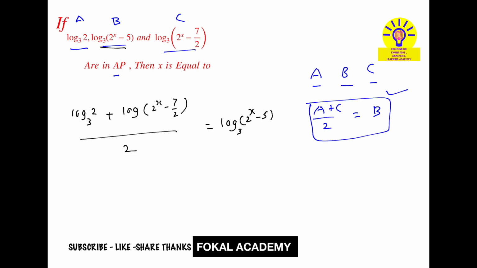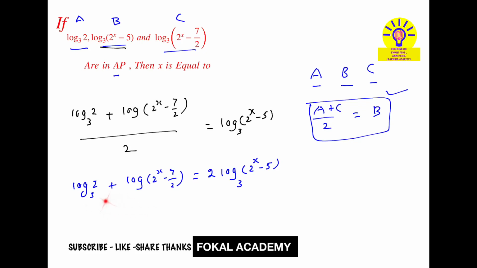So bring the 2 to the right hand side, then it becomes log 2 base 3 plus log of (2^x − 7/2), that is equal to 2 times log of (2^x − 5) base 3.